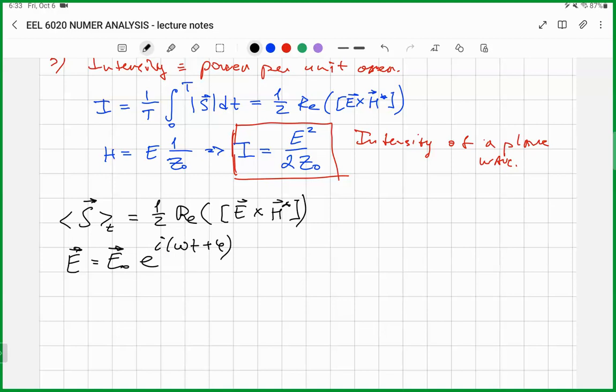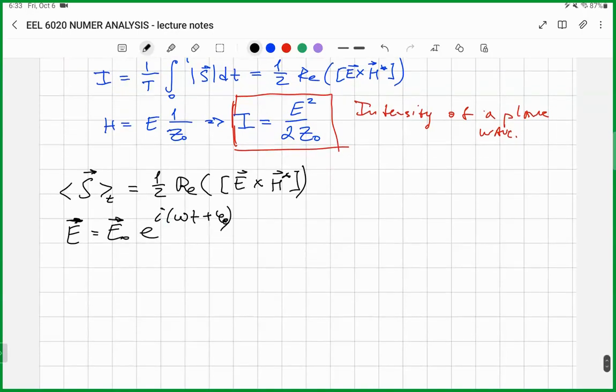So this is the field depending on time, and it gets this phi. Let's put e here. So this is the phase of electric field. And the same for the magnetic field. We've got the amplitude times the exponential function i omega t plus phi h, the phase of the magnetic field.